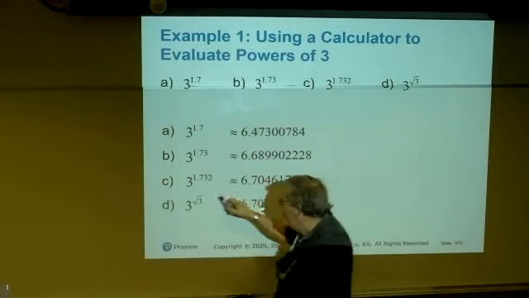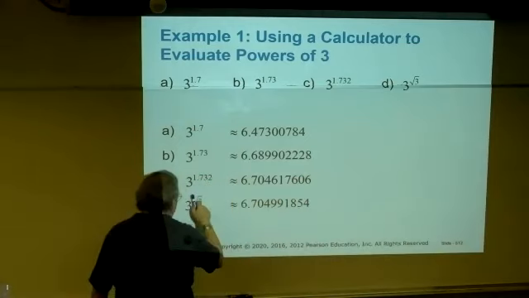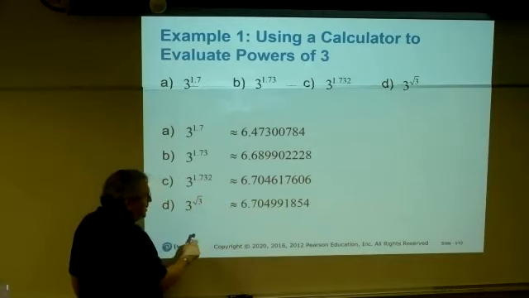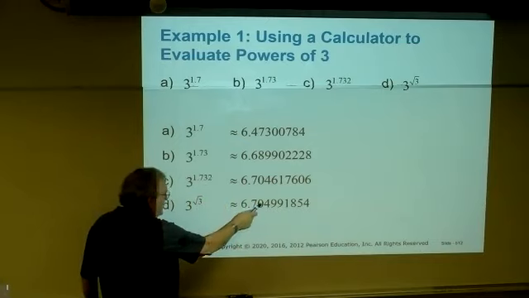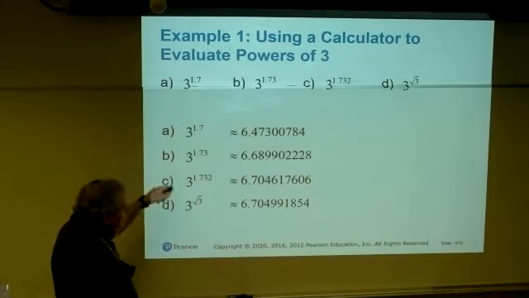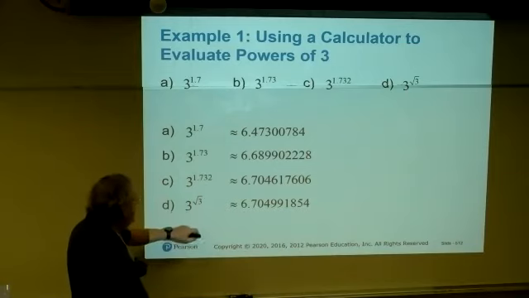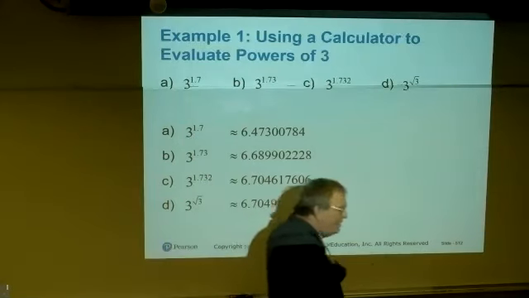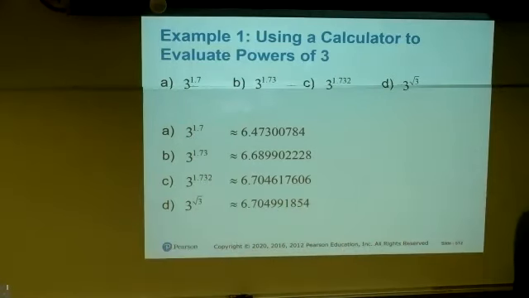If we went down to the next decimal place, it would get even closer to this number. So those are exponentials, where the thing that's changing is the exponent and the base remains the same. The base is constant.